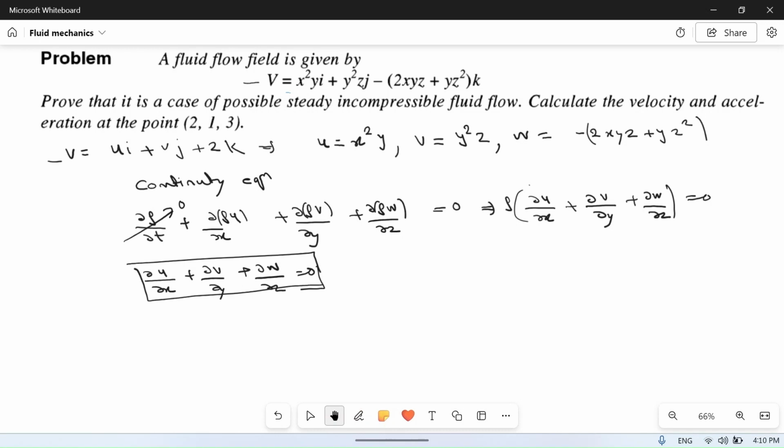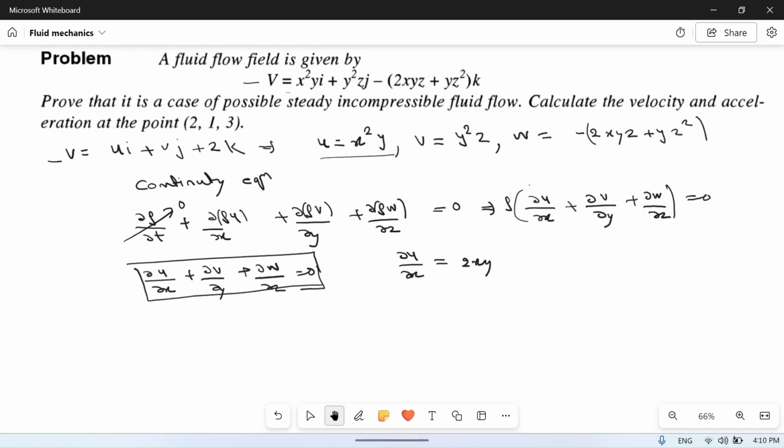If we find ∂u/∂x, it will become 2xy, because it is a partial differentiation. We are differentiating with respect to x, so we consider everything else as constant.